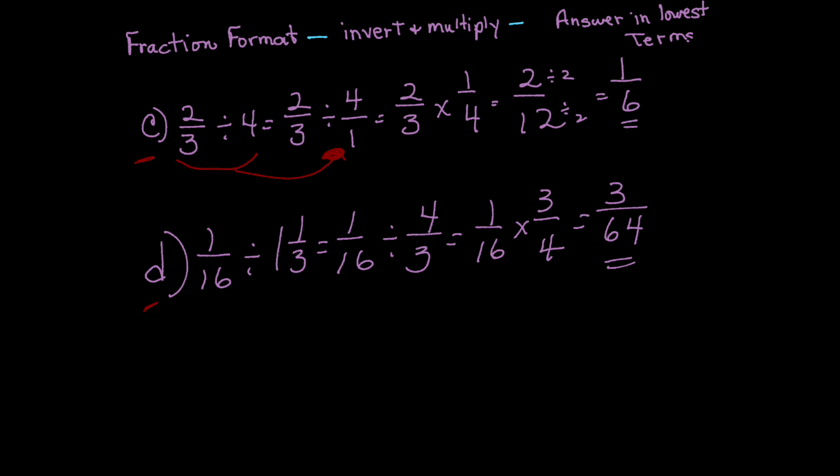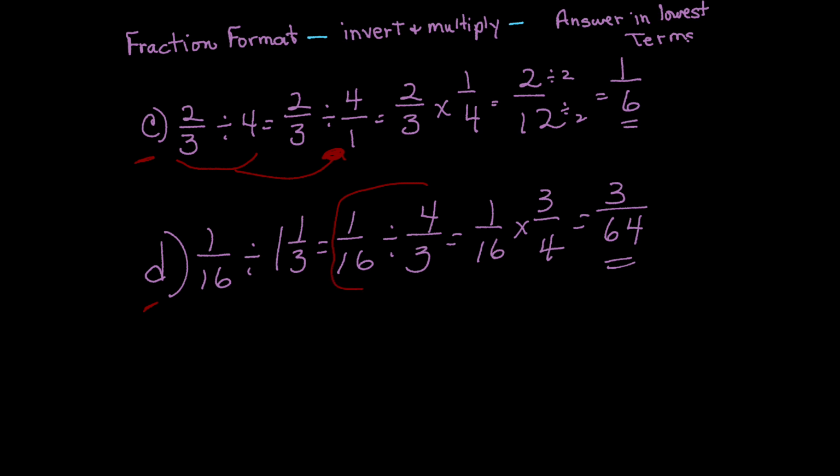No. Basically what you're doing between here and here is basically rewriting the question. Now you're ready to invert and then multiply. So look at this. Again, you're rewriting the question because the question really, in fact, is 1/16 divided by 4 over 3.